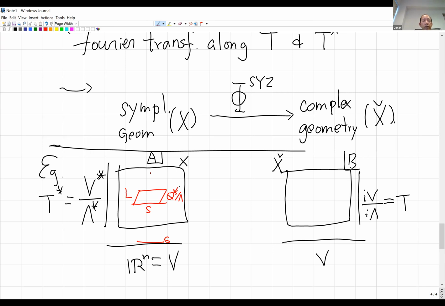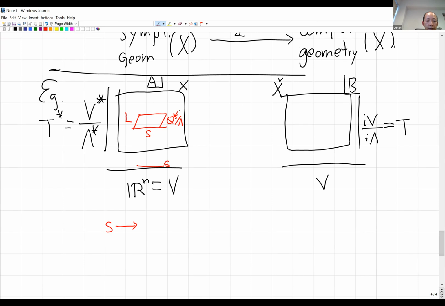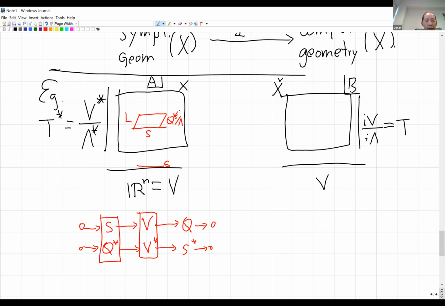As I mentioned earlier, when S is a subspace in V and the quotient is called Q, then Q star will be a subspace of V star, and the quotient becomes S star. Therefore, S plus Q star becomes a subspace in V plus V star. And that's the Lagrangian L that we're looking at inside this X.